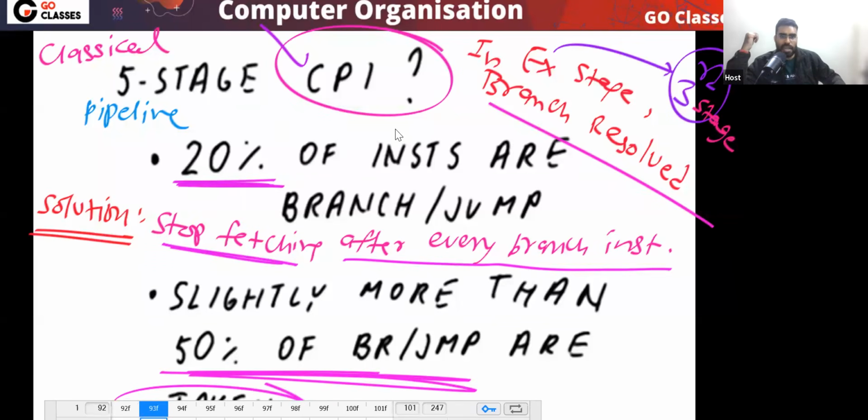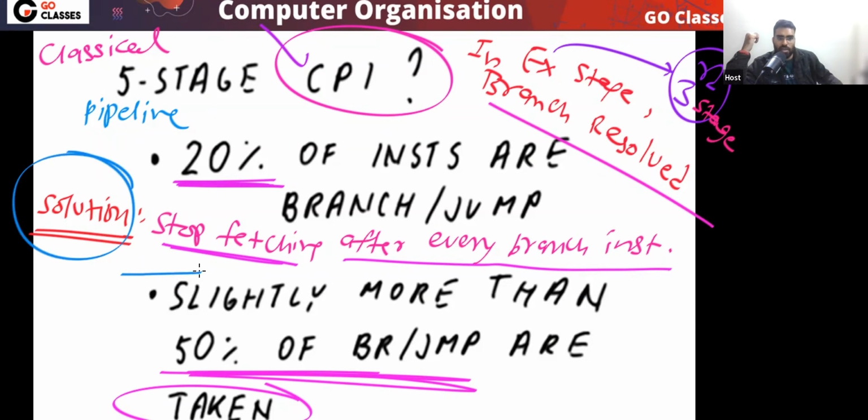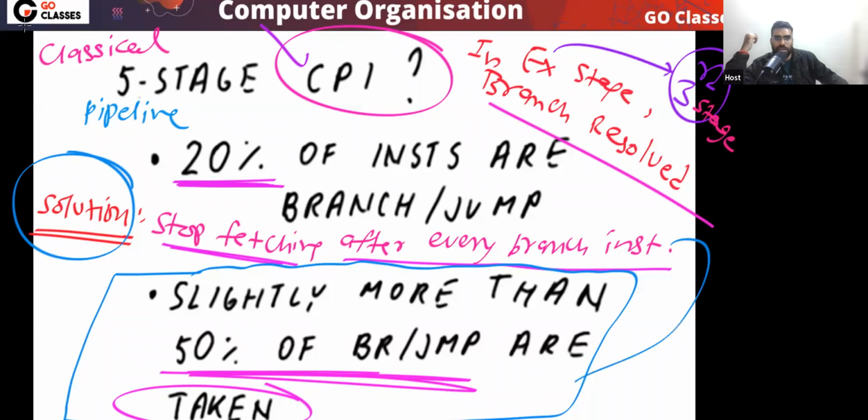This information, does it help us? In this solution, do we care about taken or not? In this solution, stop fetching after every branch instruction.